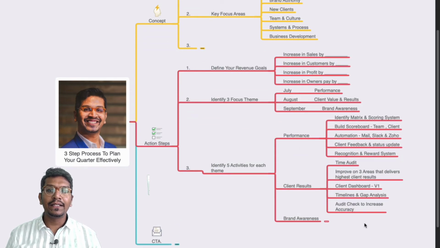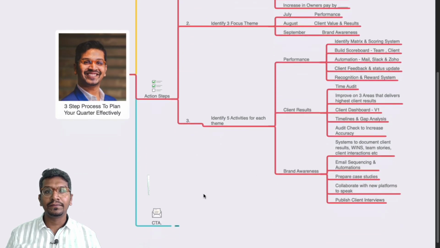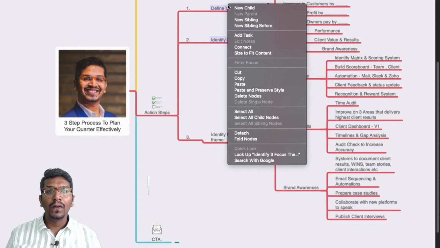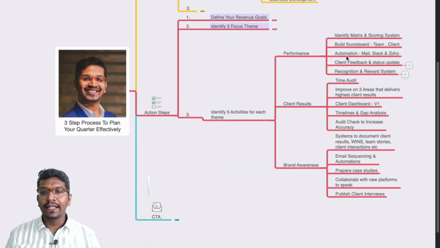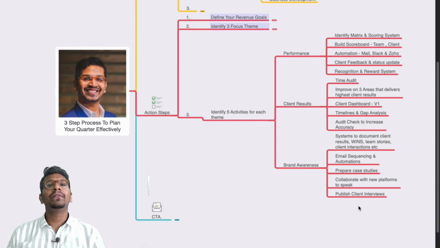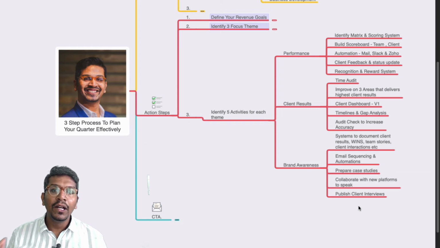Similarly, under client results, these are the 5 activities that we'll be doing. And under brand awareness, these are the other activities that we'll be doing. So once we are aware of the focus themes and 5 key activities, you can put them in as mission critical activities for each month.